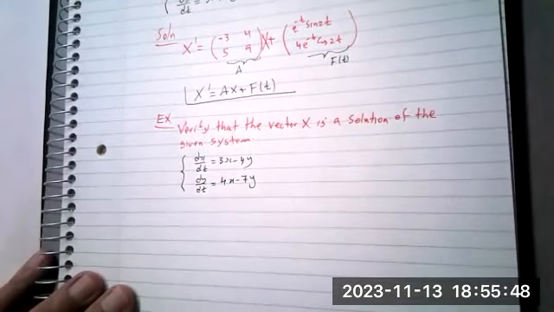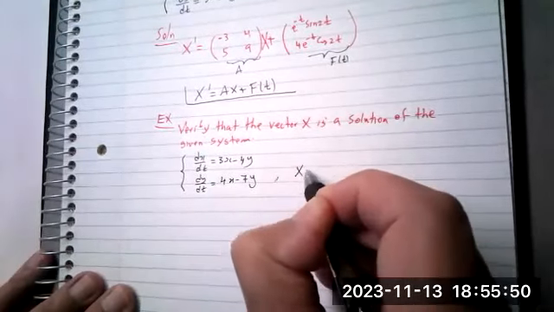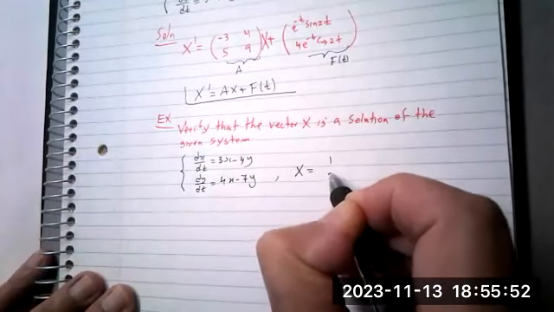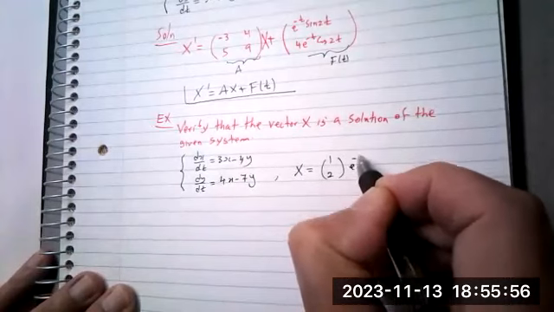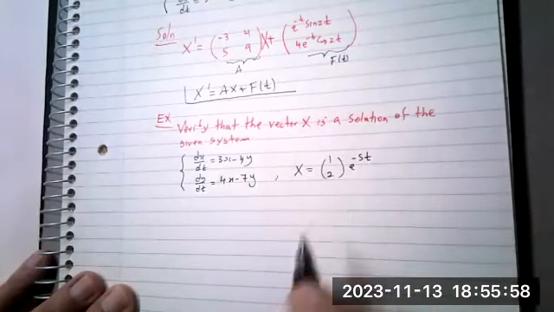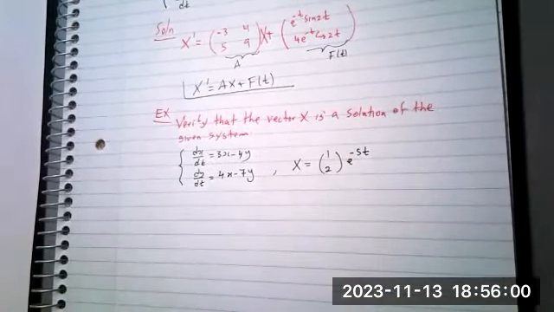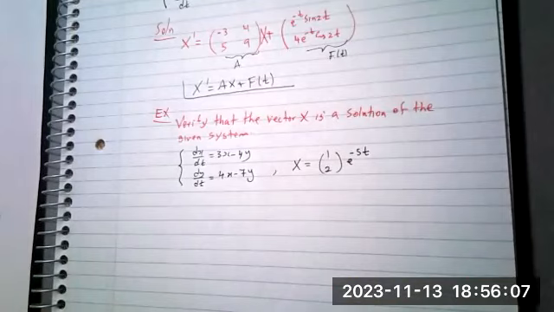And they give you this vector, x equal to (1, 2) times e to the -5t. We want to prove that this is the solution of this system. We have to substitute. You can change it to the linear form, that would be easier, and then you get the result.